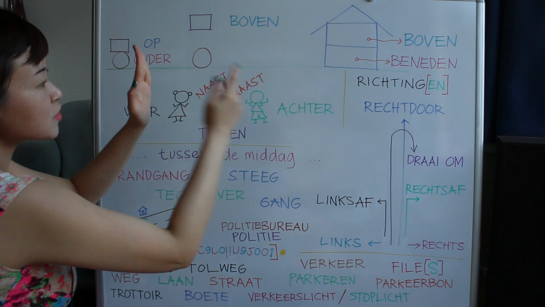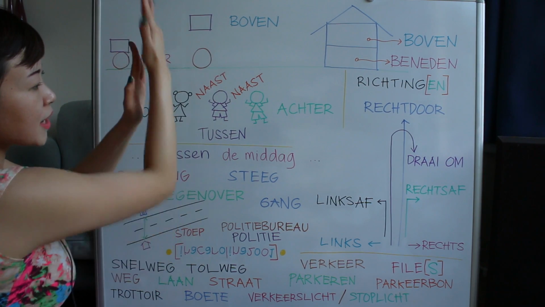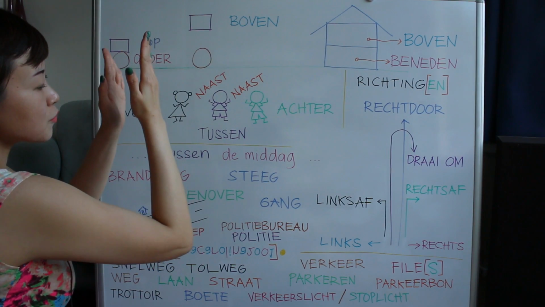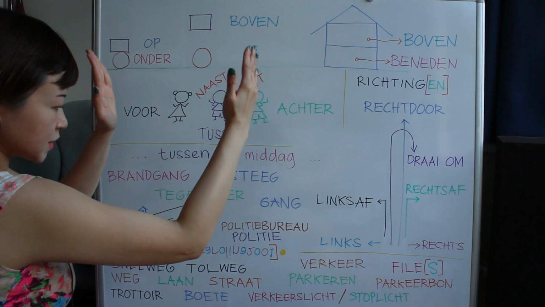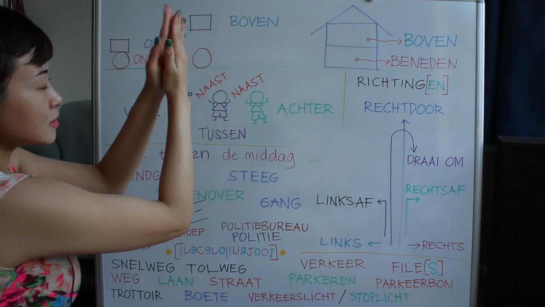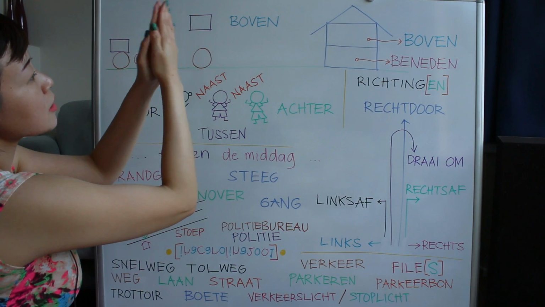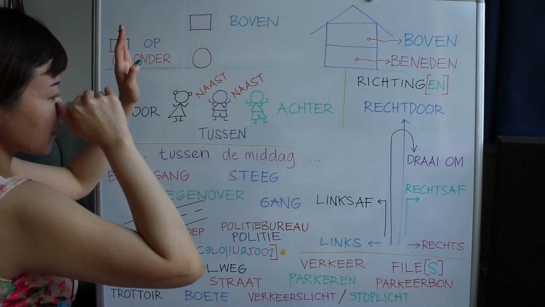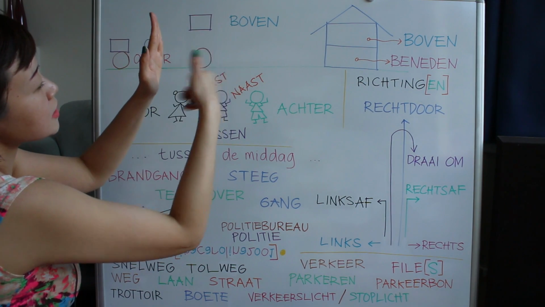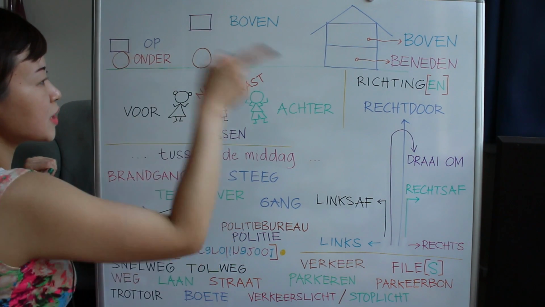It's prevention: if one house is on fire, the fire stays there, not going to the other house, because before the construction and structure were made from wood. If it's wood and you don't have the brandgang, this is one house, this is the other house, the walls together, of course the fire will go so fast. But if you have brandgang, the fire has at least a bit of space, so it is prevented from going to the other house.